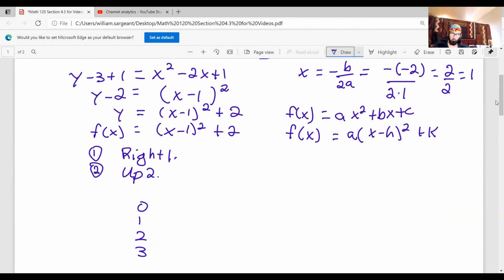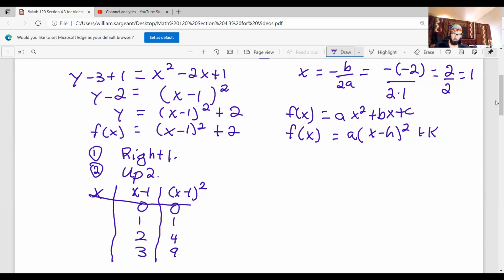If you square those four numbers, here's what we have. However, think of these not as the x's, but as x minus 1. And this is x minus 1 squared. Then on the one hand, to know what the x coordinates to plot are, shift these right 1 unit.